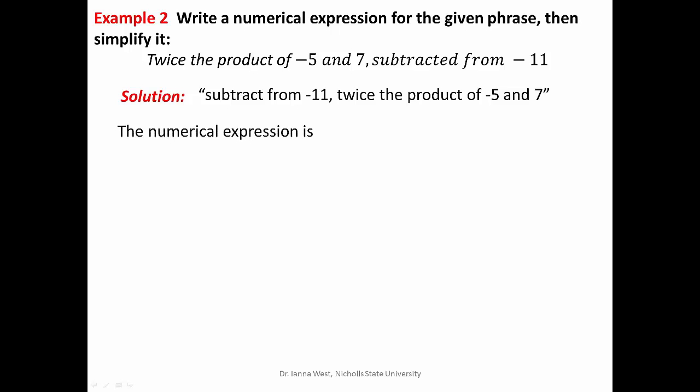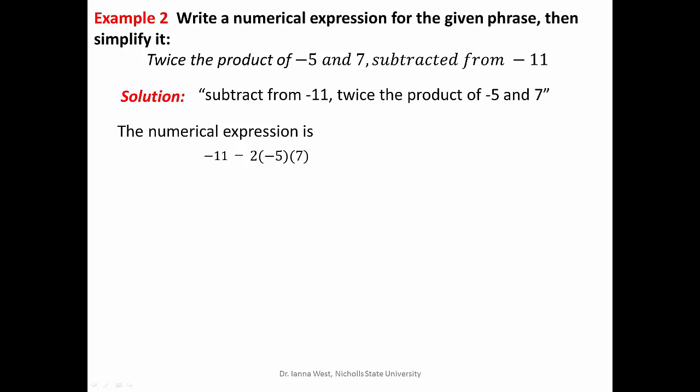So to write the numerical expression, we start with -11 and we subtract from that the product of 2 times -5 times 7. Using the order of operations, we must multiply before we subtract.